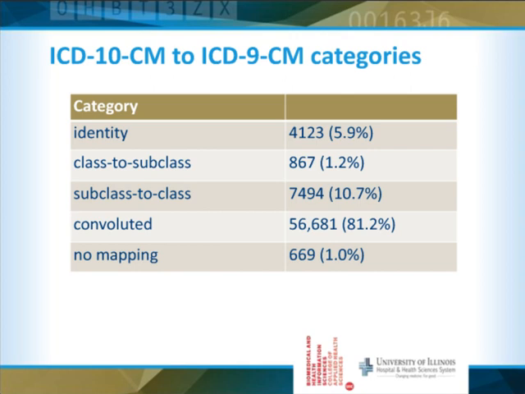So, for example, the identity, 4,123 diagnosis codes, is the same, but your denominator just got a whole lot bigger. So, what used to be 24% is now 5.9%. And looking backwards, the vast majority, when trying to run reports, initiating in 10, running back to 9, 81% of the mappings are convoluted. And again, about 1% have no mapping backwards either.